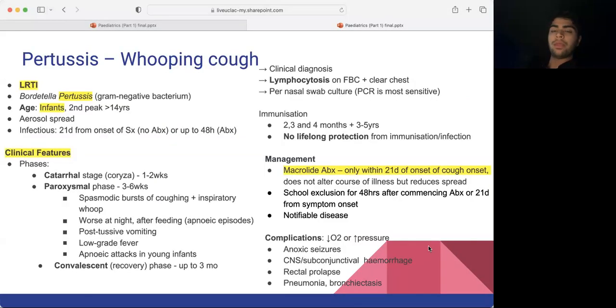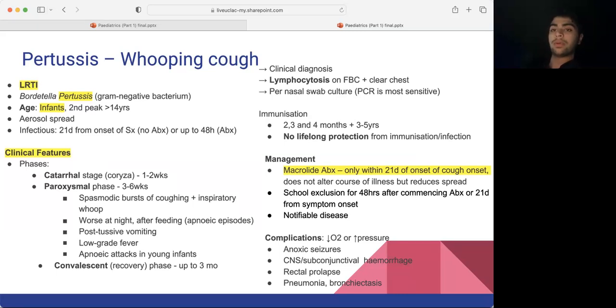So whooping cough is caused by Bordetella pertussis. So it's a bacteria that infects the lower respiratory tract, and generally affects infants. And the reason that the 21 days comes up is because the antibiotics don't actually improve the symptoms for the patient. What they do is they reduce the transmission of pertussis to other individuals.